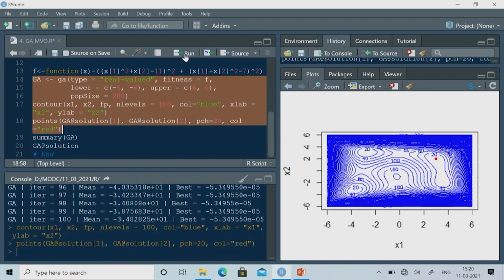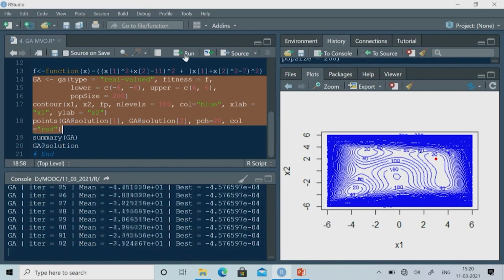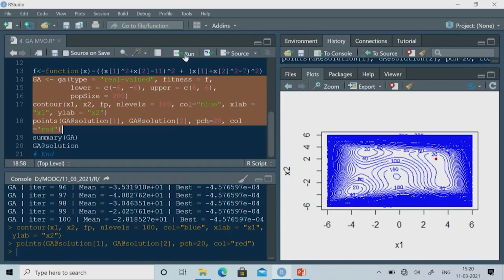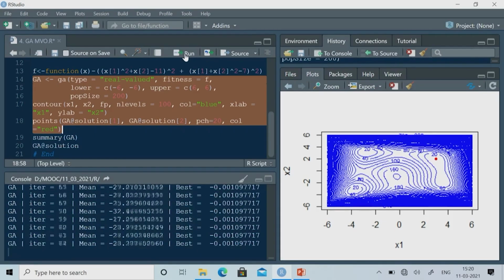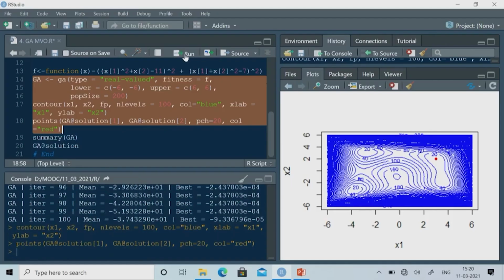Yeah, I am getting it in the first quadrant, again first quadrant, again first quadrant.